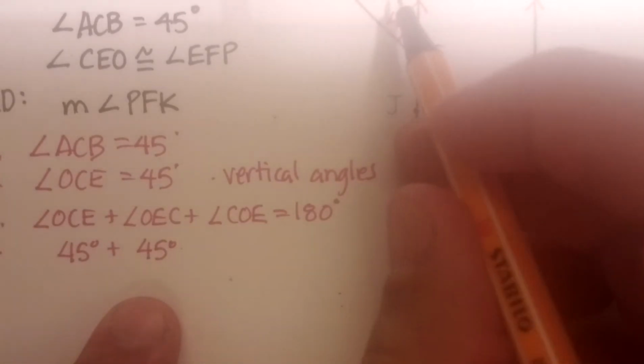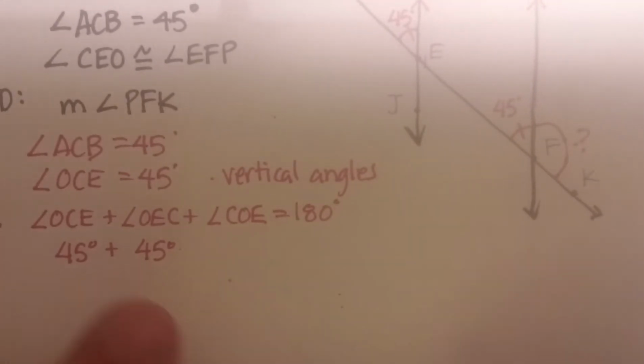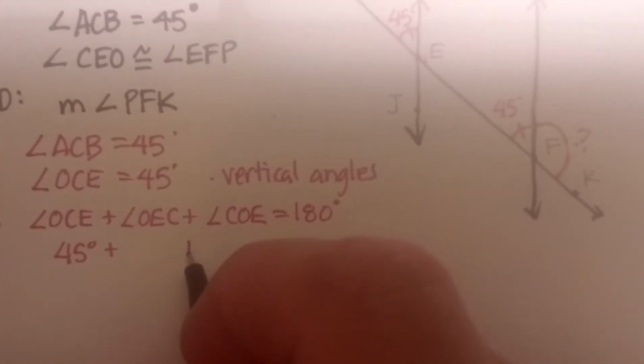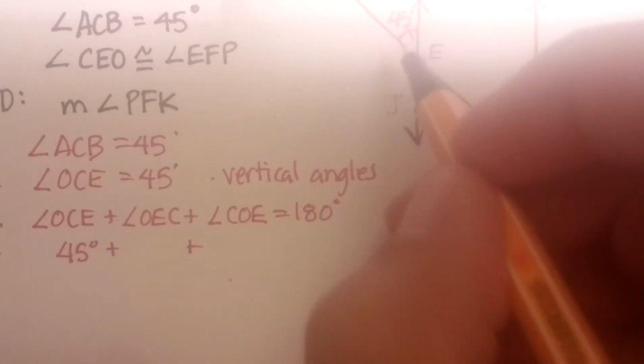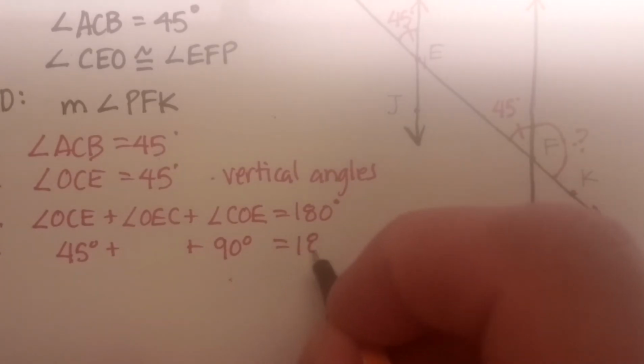All right? No, excuse me, it's not given as 45. We don't know that one, supposedly, all right? So I'm going to just say that we don't know yet. What we do know is COE is 90 because it was perpendicular. Remember that?